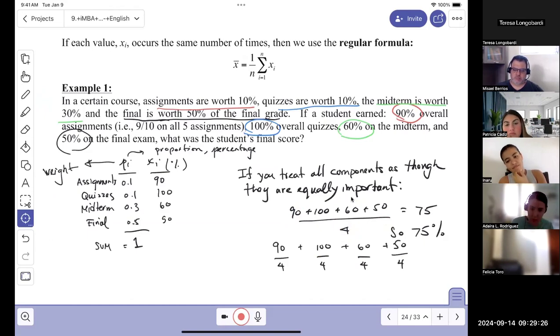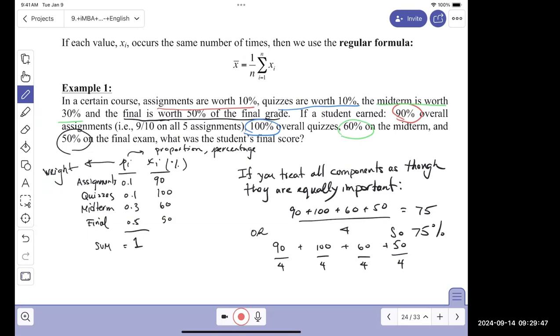Does anyone disagree that these are the same mathematical expressions? Does everybody see those are the same? I'm looking at the chat. All right, so they're the same.